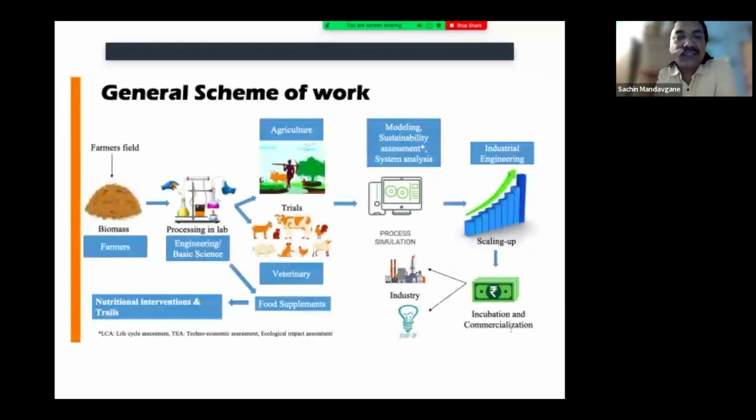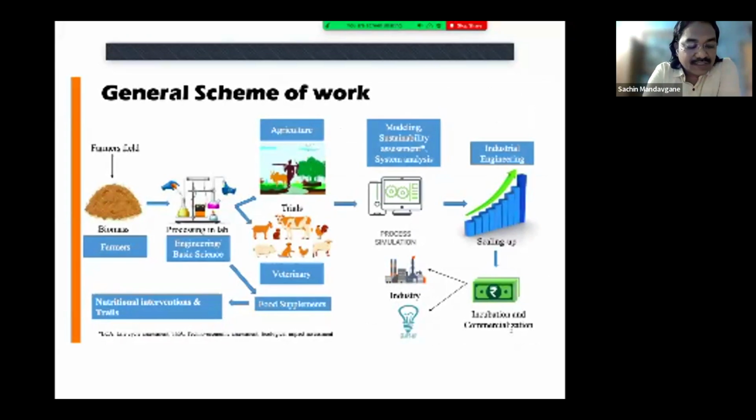So the general schematic of work is as follows. We have agricultural waste. It can be brown waste, stalk and stubble, or green waste from horticulture. The source can be on the farm or the food processing industry.